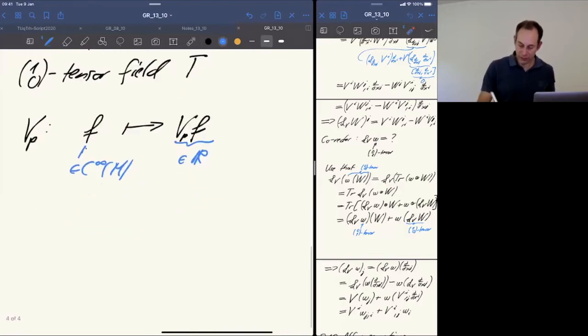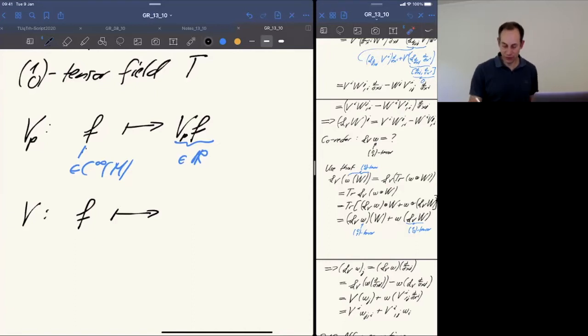Now for a vector field, because a vector field is defined everywhere, it makes sense to say it's doing that at any point. So it defines a new function, Vf. The left-hand side is still the same: it acts on a function on the manifold, but it now produces again a function on the manifold.